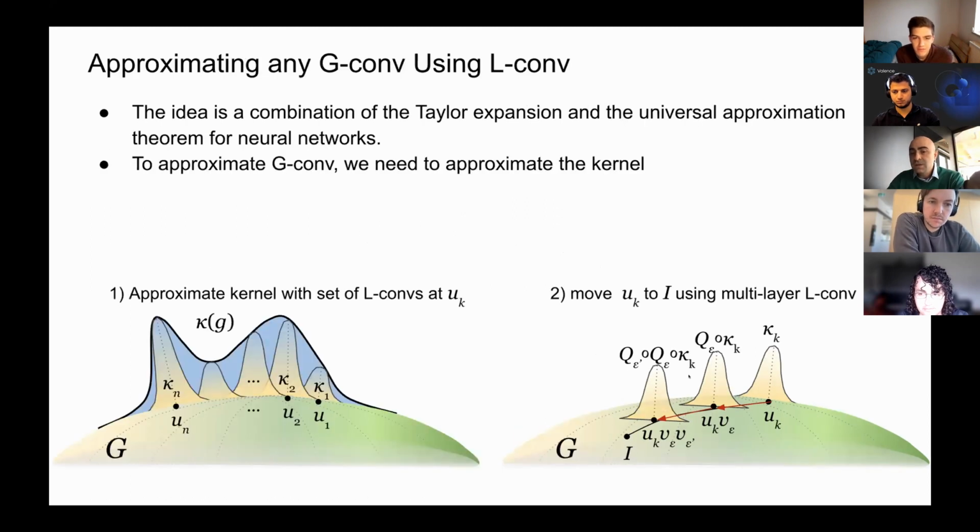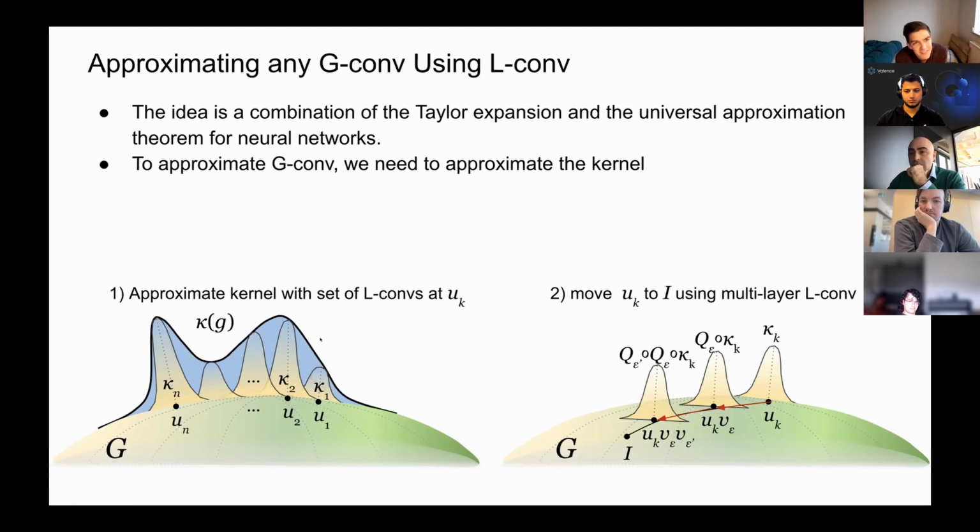Bottom line is, combining multiple layers of this simple kernel that's focused around identity, what you can get is a bunch of kernels that are localized at different points on the group manifold. And by summing them up, you can basically construct any distribution, any kernel on your group manifold, which is what all the other group convolutional neural networks use.